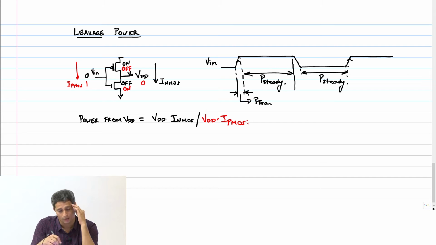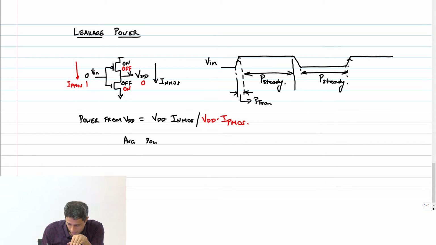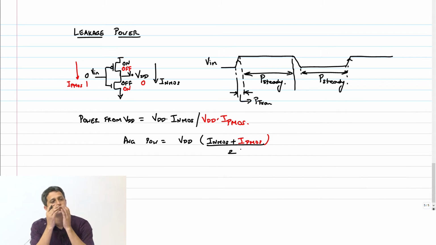Okay, I'm matching the color in all of these diagrams. So therefore I can say average power is VDD into (I NMOS plus I PMOS) by 2, okay, across the entire cycle, right?